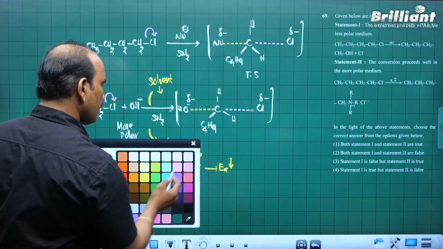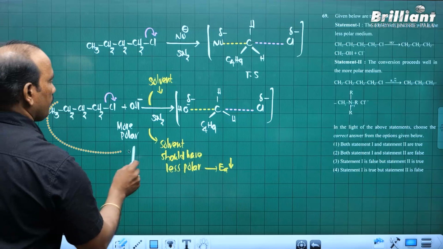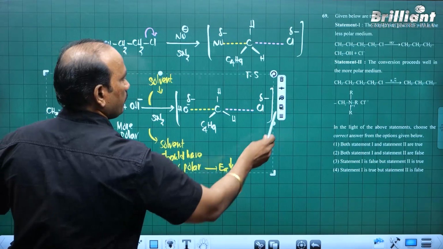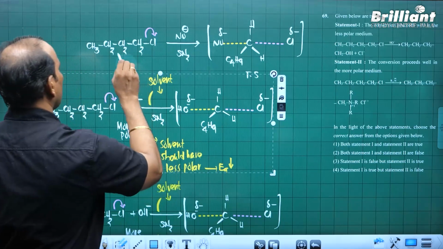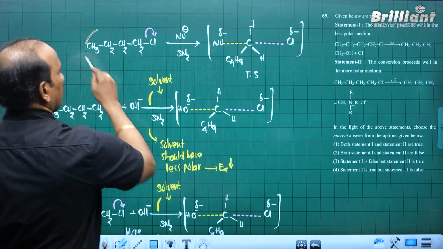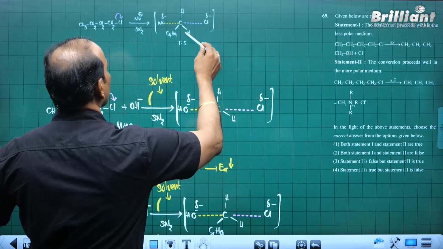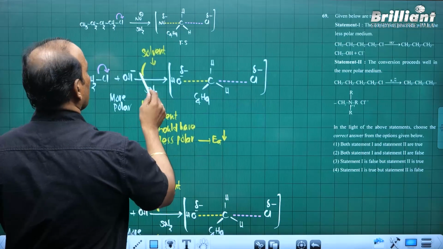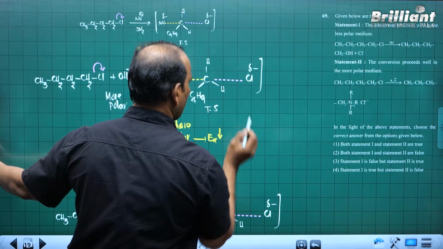At the same time, this is a transition state.